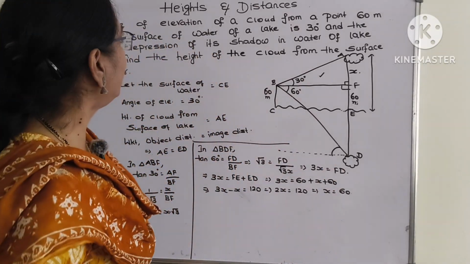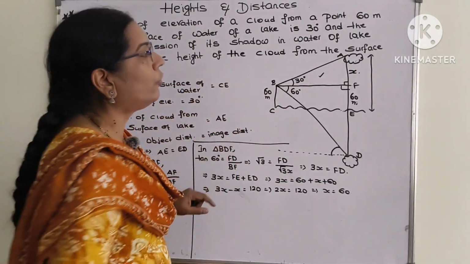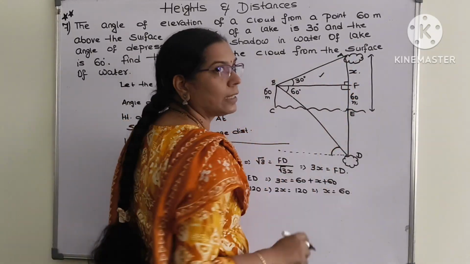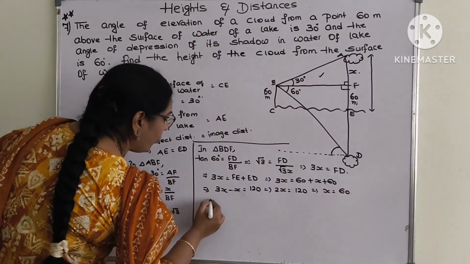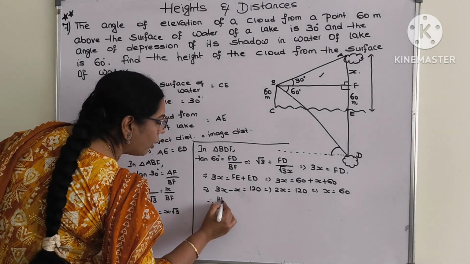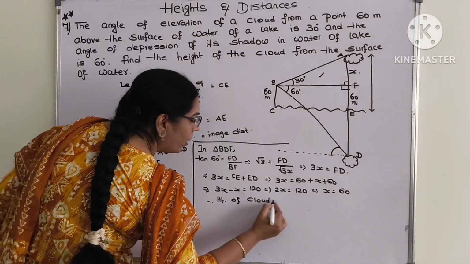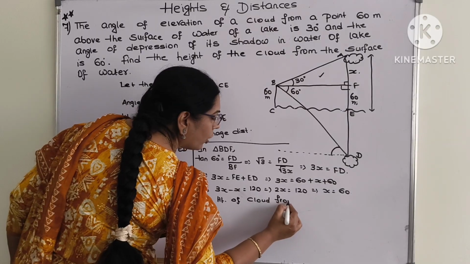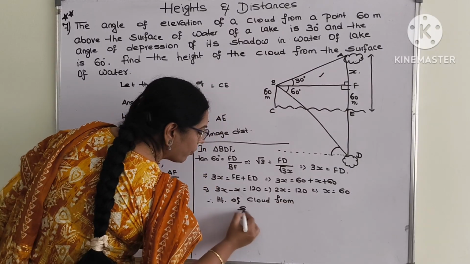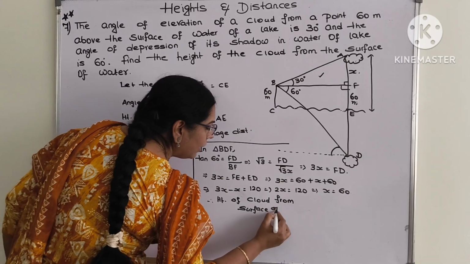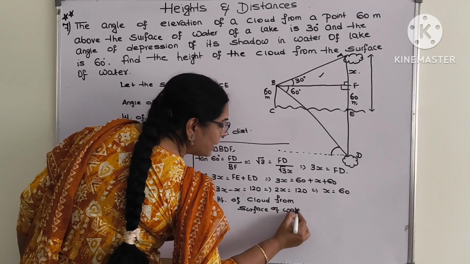Now what is the thing that they asked? Height of the cloud from the surface. So from here till here, they are asking for the height. Therefore, height of a cloud from the surface of water is equal to, what is this basically?